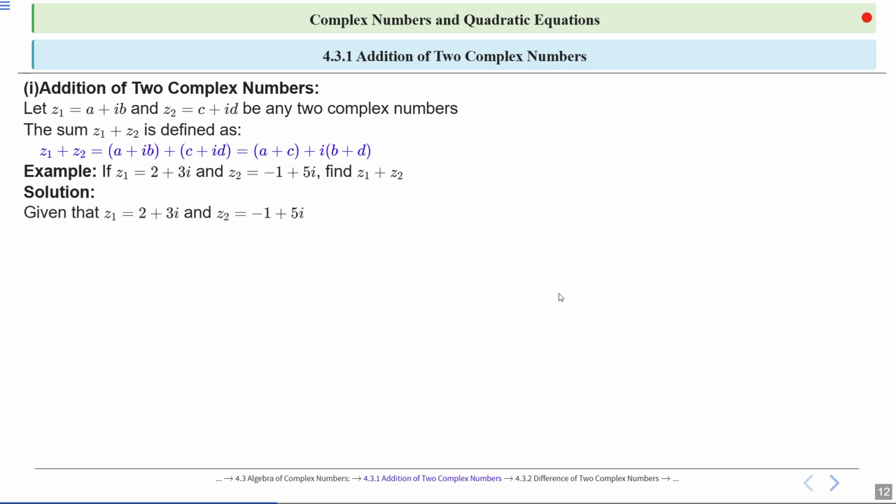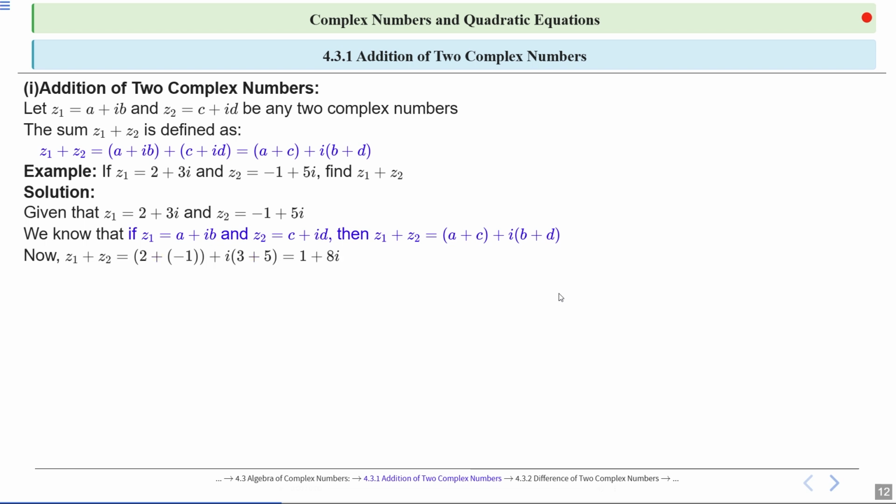Given that Z1 equals 2 plus 3 iota and Z2 equals minus 1 plus 5 times iota, we will use these values in our addition formula. Remember, if Z1 equals A plus iota times B and Z2 equals C plus iota times D, then Z1 plus Z2 equals A plus C plus iota times B plus D.